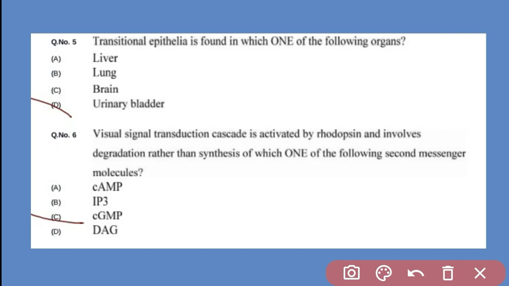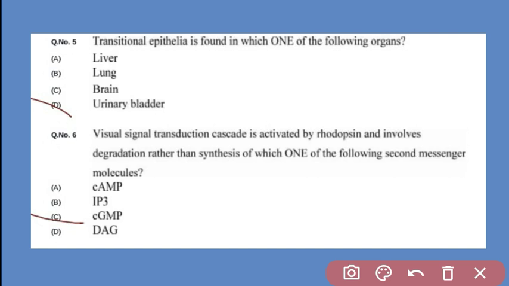Moving to the next question, the visual transduction cascade is activated by rhodopsin and involves a degradation rather than a synthesis of which one of the following second messenger molecules? Here rhodopsin is a membrane protein that detects light in the rod photoreceptor cell.